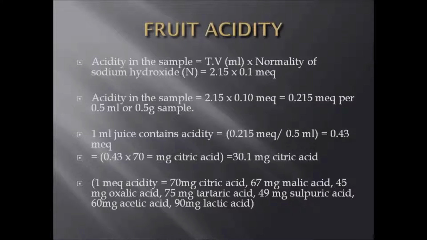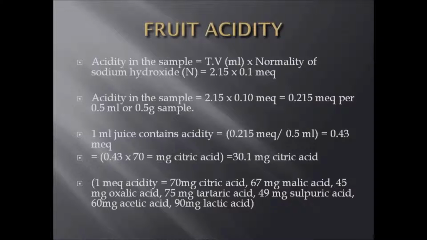So acidity in the sample is equal to titre value in ml into normality of the sodium hydroxide. Here normality of the sodium hydroxide is equal to 0.1. Therefore acidity in the sample will come in terms of milliequivalents. Therefore acidity in the sample is equal to 2.15 into 0.1 milliequivalents.